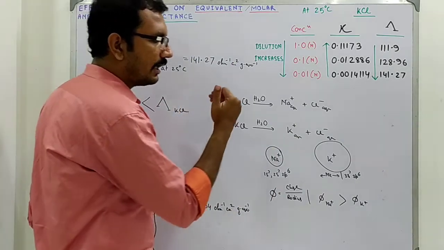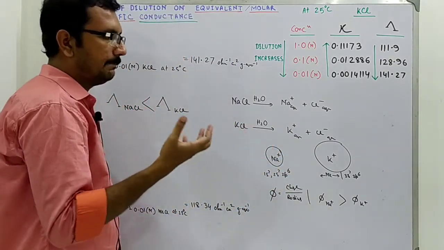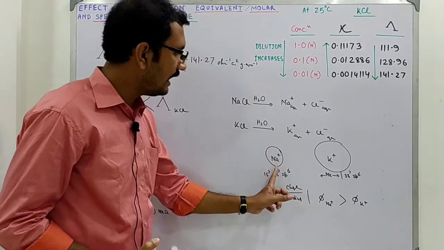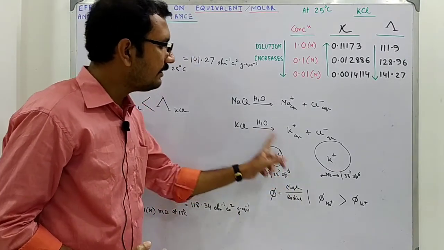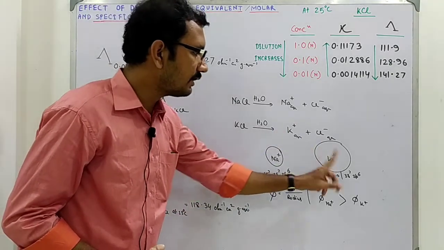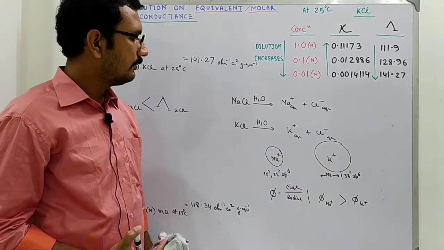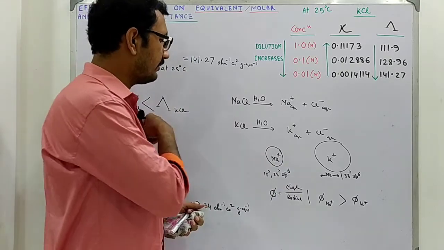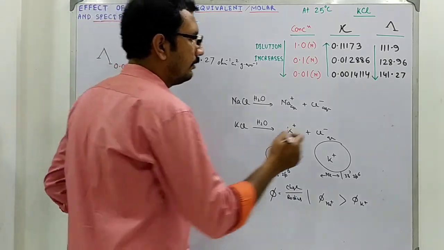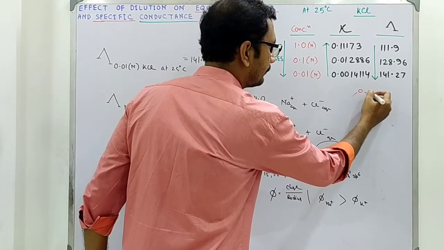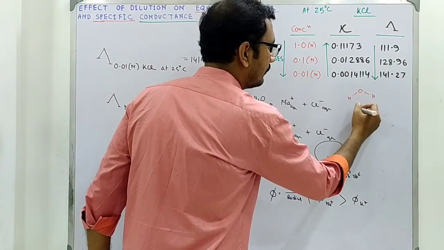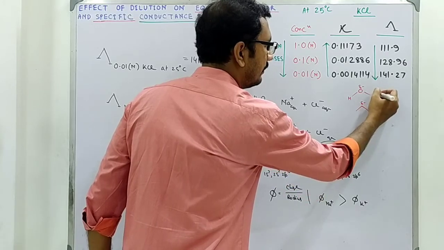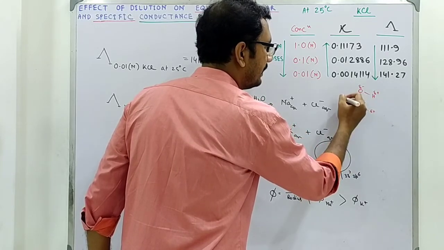Now, more the charge density, more it will be hydrated. So, this sodium plus ion will be more hydrated compared to this potassium ion. So, the extent of hydration in sodium plus will be greater. Now, if we consider water to be looking like this, so we have del minus here, del plus at these two terminals.